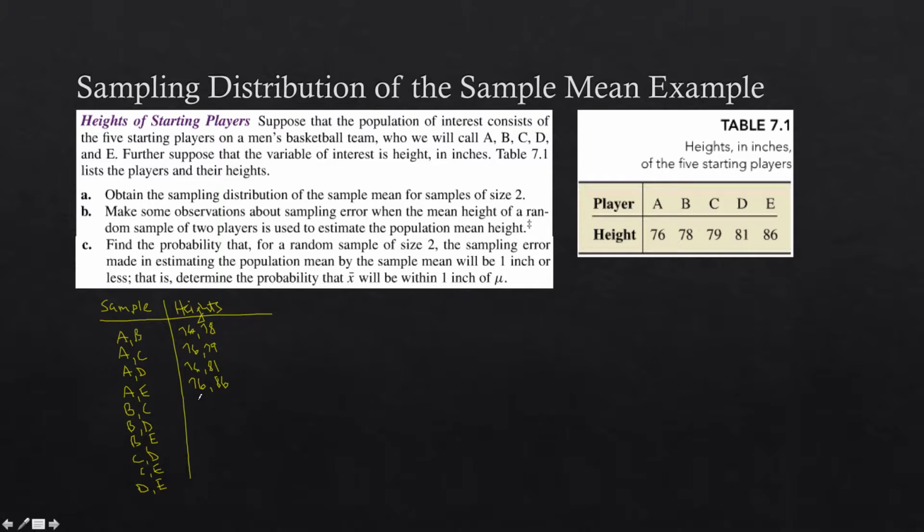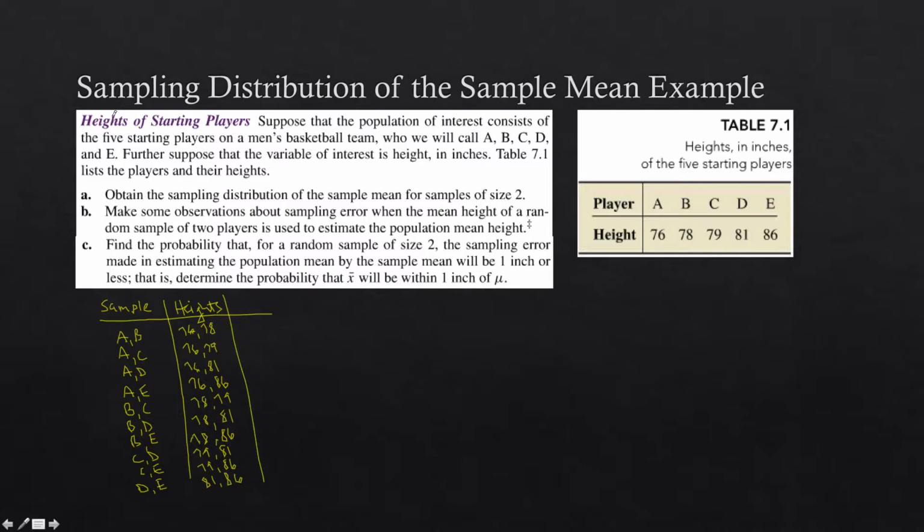For B and C, it's 78 and 79. 78 and 81. And 78 and 86. For CD, it's going to be 79 and 81, 79 and 86, and for DE, it's just going to be 81 and 86.